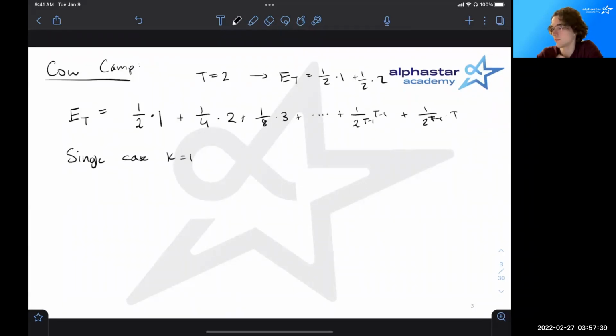So k equals 1. What's the strategy here?